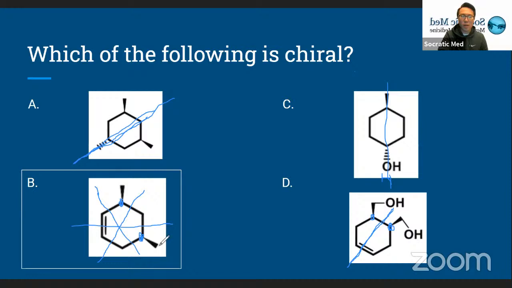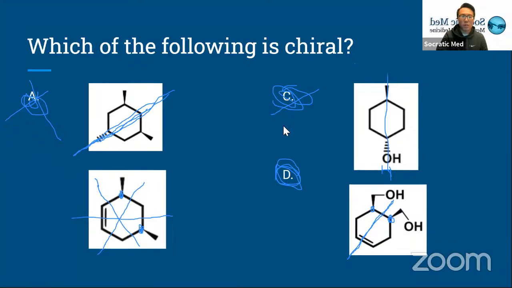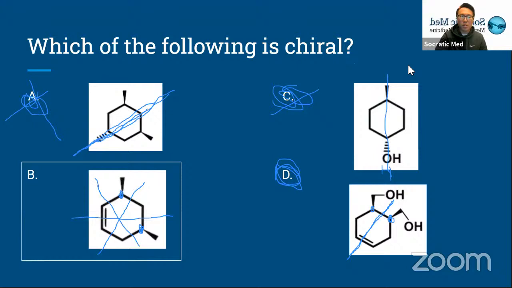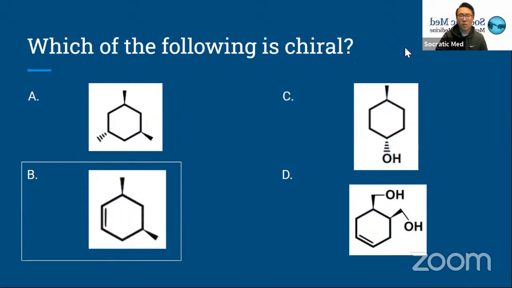While for choice C and choice D, you can draw a line down these 2 and they would be symmetrical. Choice A, you can draw a line down this way and they would be symmetrical too. So it's not these. While choice B, if you draw a line down the middle, there's no way to make it symmetrical. Does everyone understand?